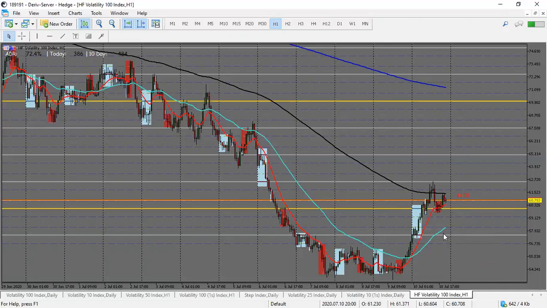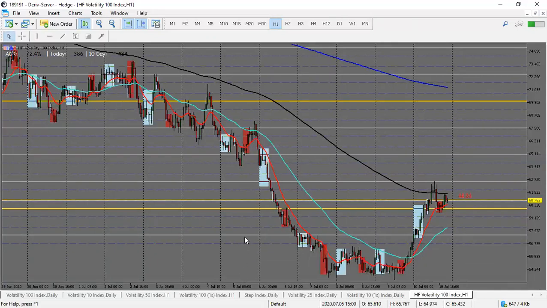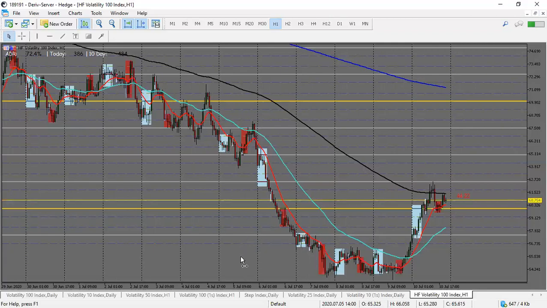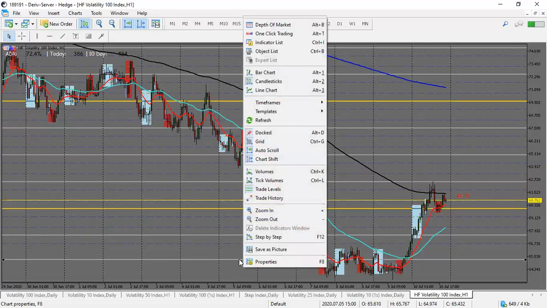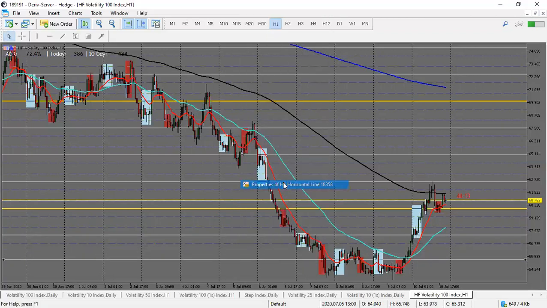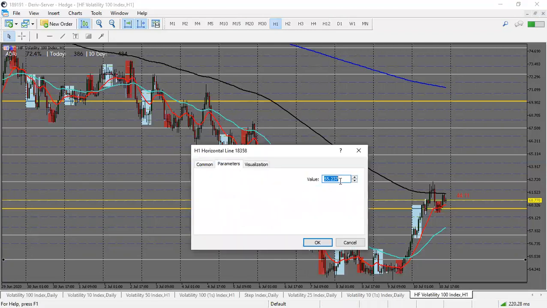So it means if this is 57.5, if I am to draw a new line right here, I'm going to get 55.